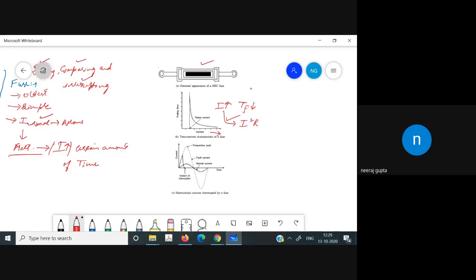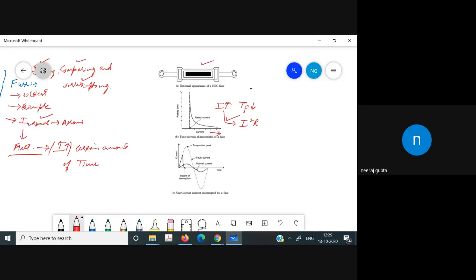Now, this is the short circuit current which is interrupted by the fuse. Let us suppose it is again a current-time characteristic. The current is flowing like that. It is the normal current, that is, the load current. Now suppose a fault occurs in the system and the current starts increasing.